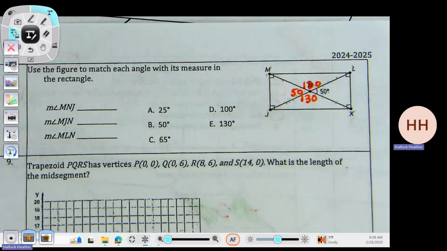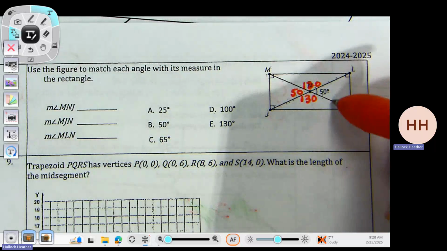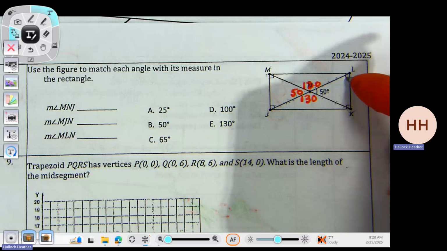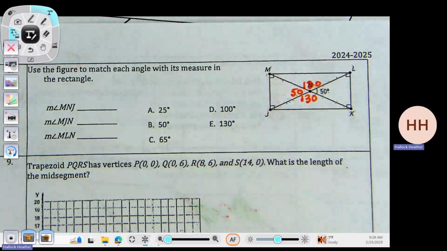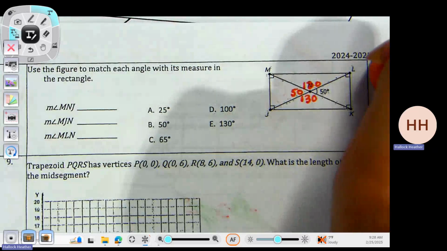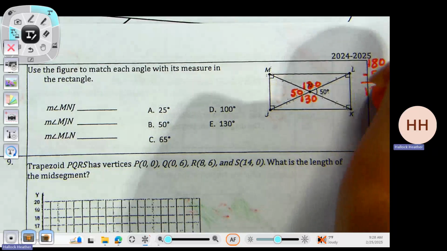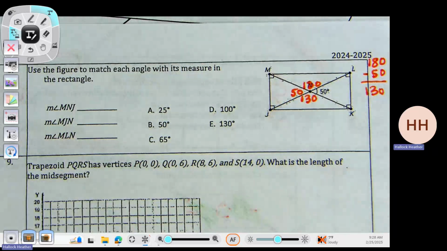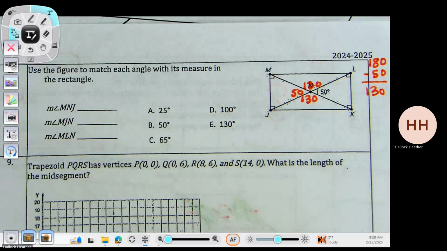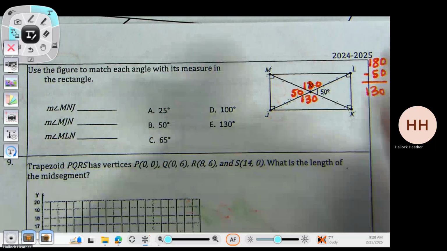Now I've got to find all the rest of the angles. If I know that this is congruent, I have congruent sides. This is 50 degrees. I have to fill out this angle and this angle. So I'm taking 180, minusing 50, I get 130, and then I'm dividing by 2, which is 65.